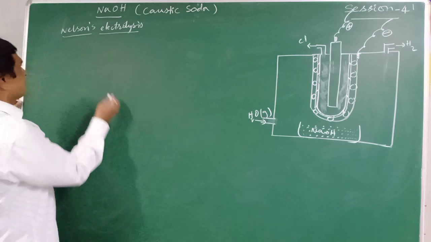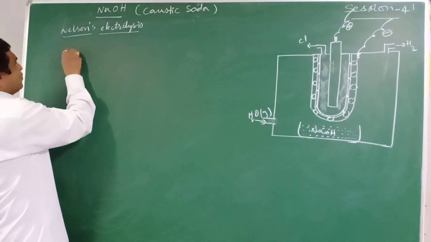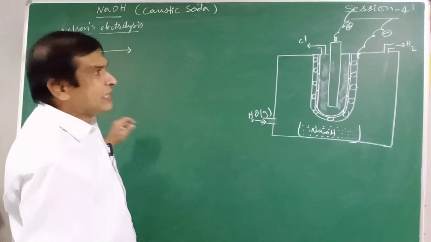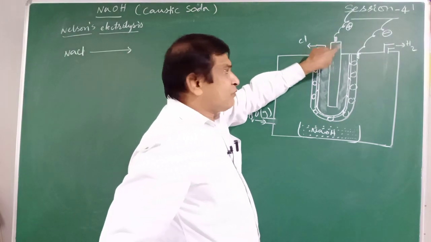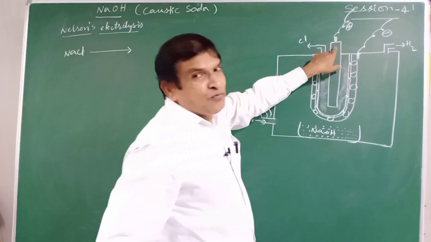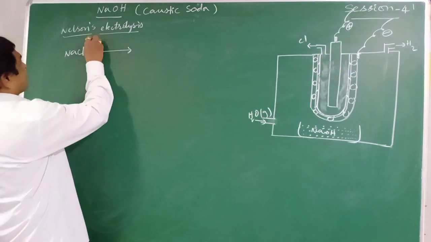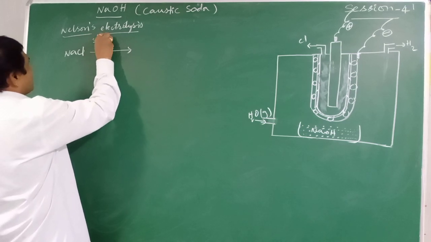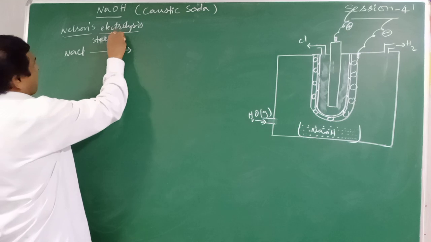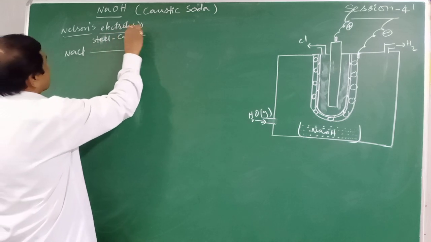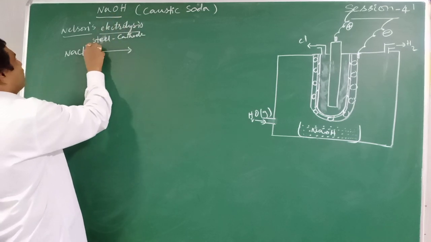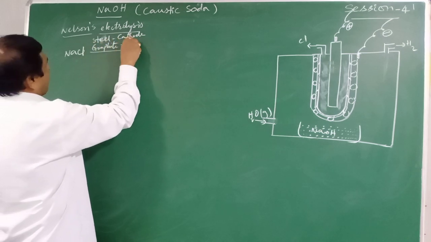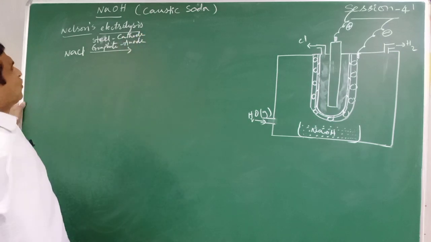Now the process: brine solution is electrolyzed in presence of steel cathode and graphite anode.